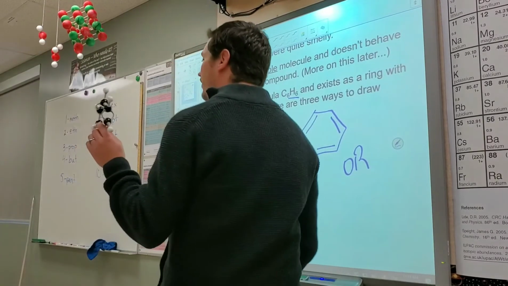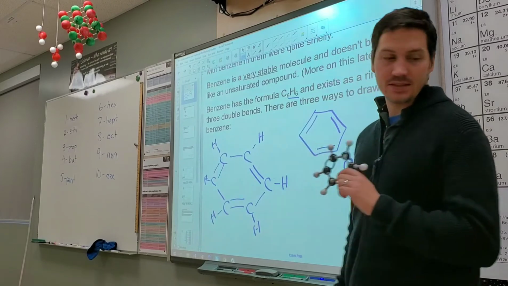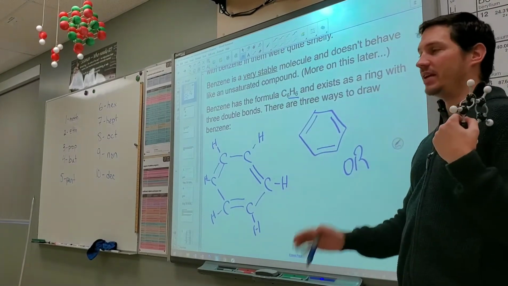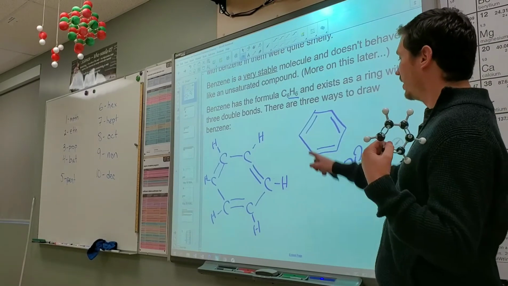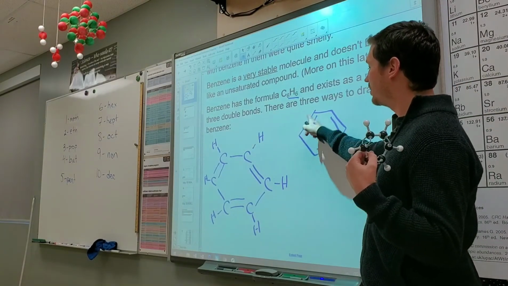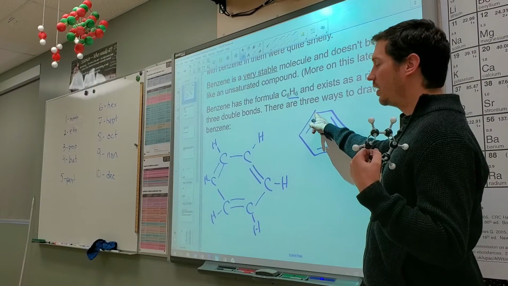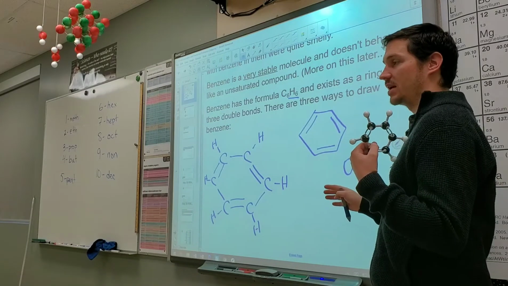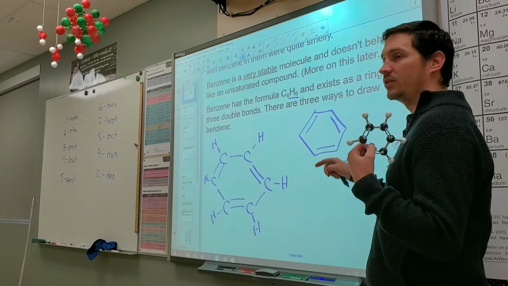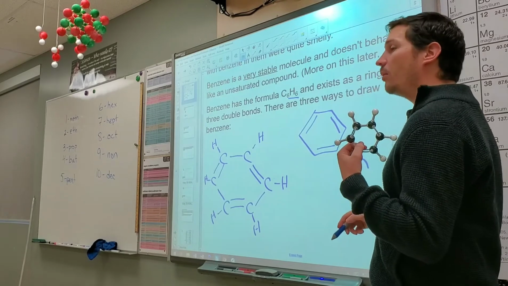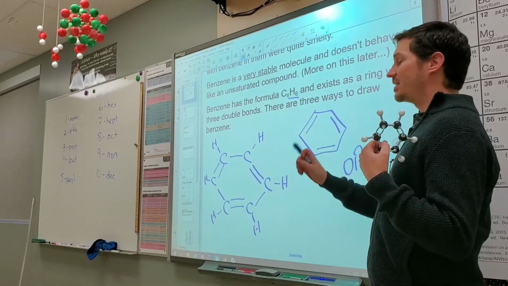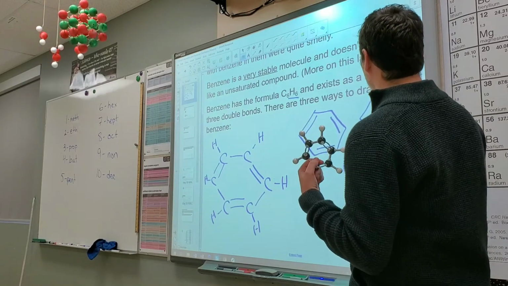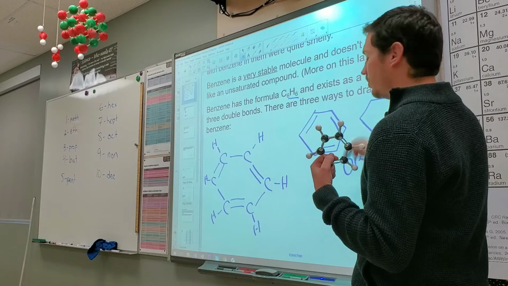There is no evidence, and this is actually kind of important, so I would like you to listen up. There's no evidence to suggest that these 2 carbons are double bonded with each other, and these 2 carbons are single bonded with each other. There's no evidence to suggest that. Every time we look at an aromatic compound or an aromatic ring, it's almost like some of the time this behaves like a double bond, but some of the time it behaves like a single bond.